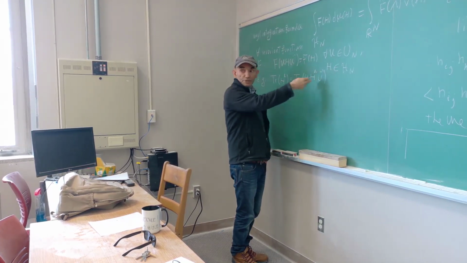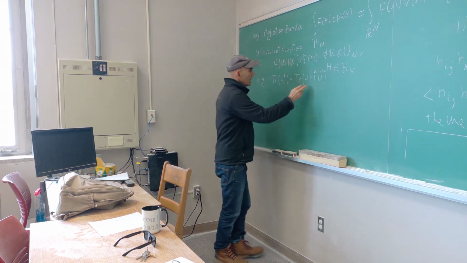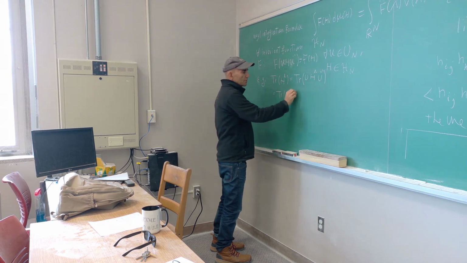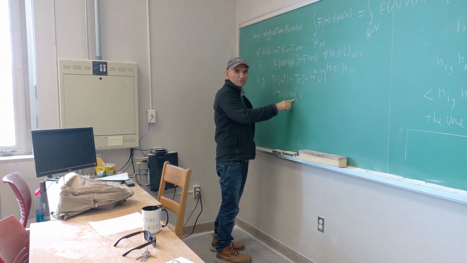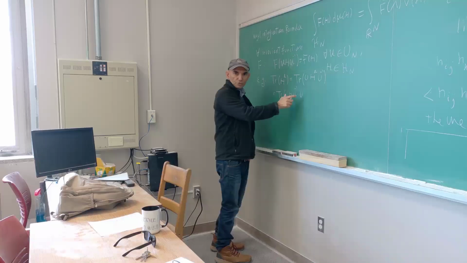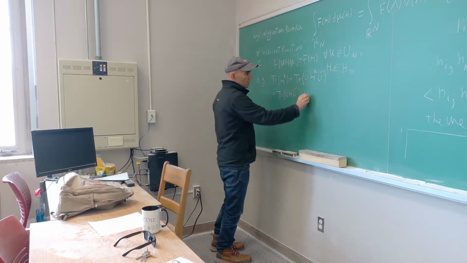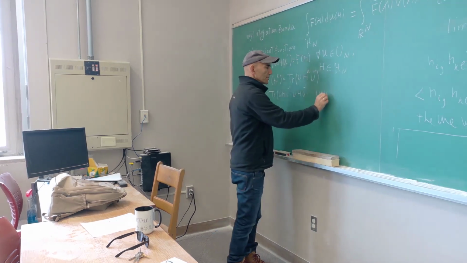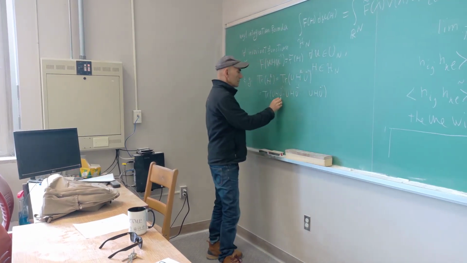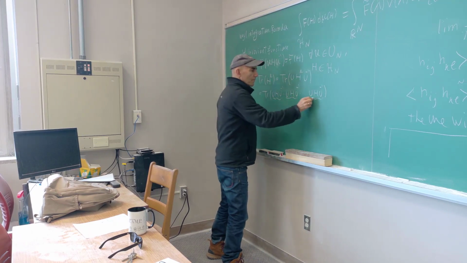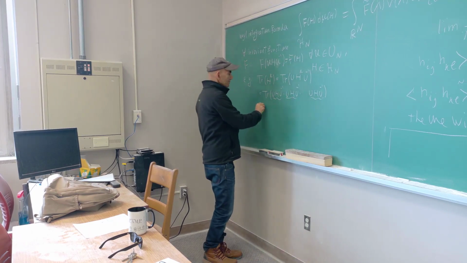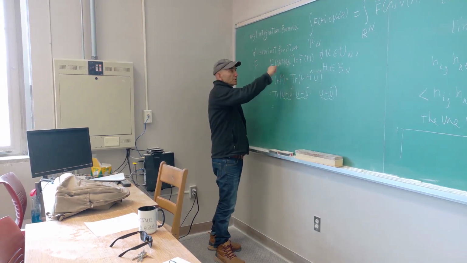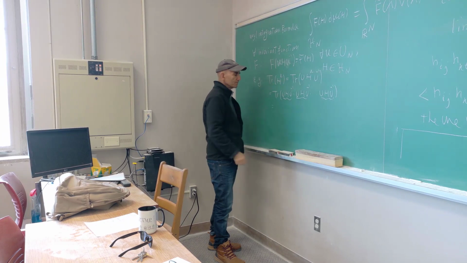Just because of the trace property, you can bring this from here, and then do it like this: insert u inverse and u in between, and then u h u inverse, and u h u inverse. This is exactly obtained by acting by this u on this function.